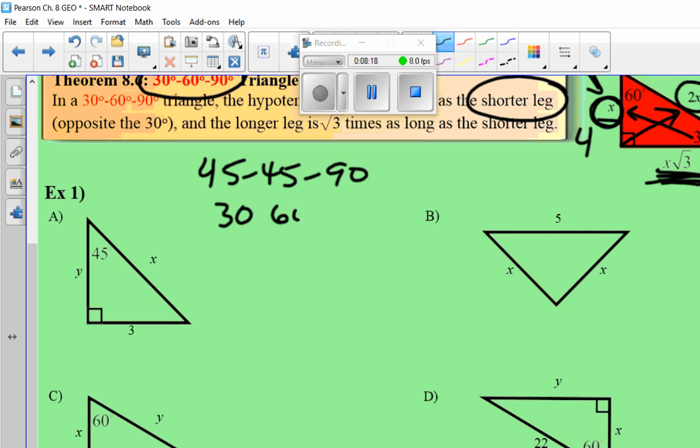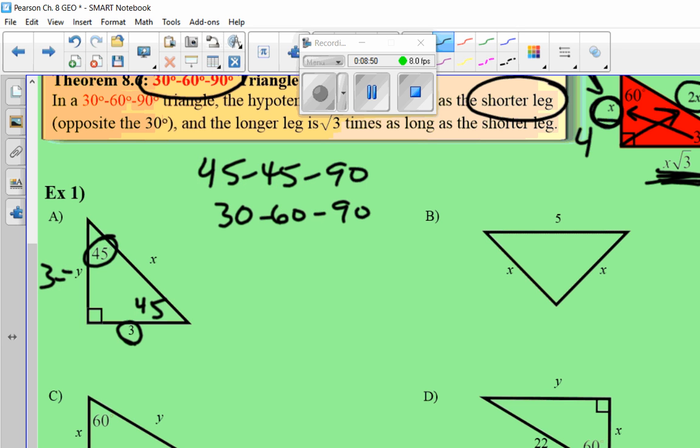2 special right triangles. Okay, so 45 degrees obviously is going to tell me that this angle down here is 45, and I'm using that 45, 45, 90 triangle relationship. They give me a leg, and this leg should be the same as y, so y should equal 3. All right, and then I'm going to take that leg. It doesn't matter which one. Usually the one that's given to you, but they're the same, so it doesn't matter. And I got to find the hypotenuse. Well, I'll go back to your relationship.